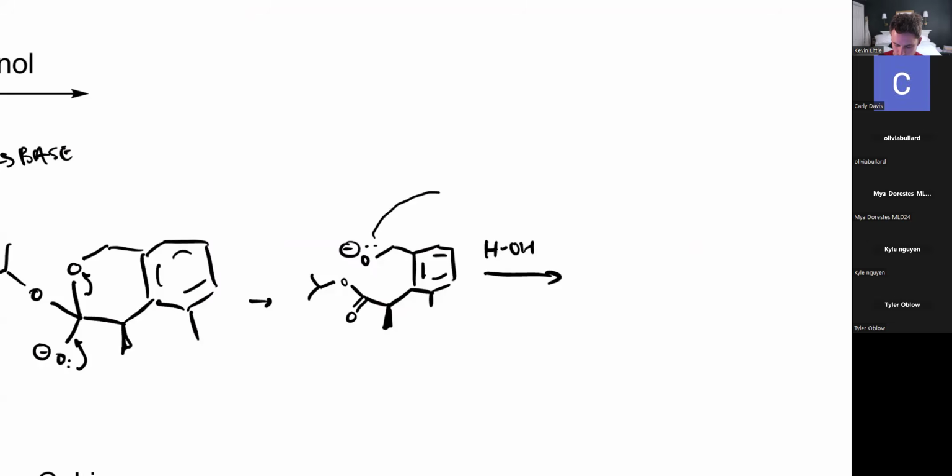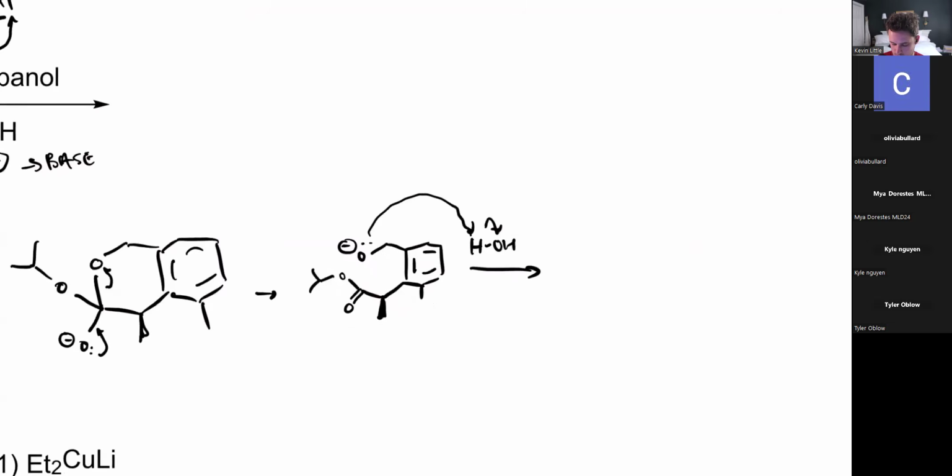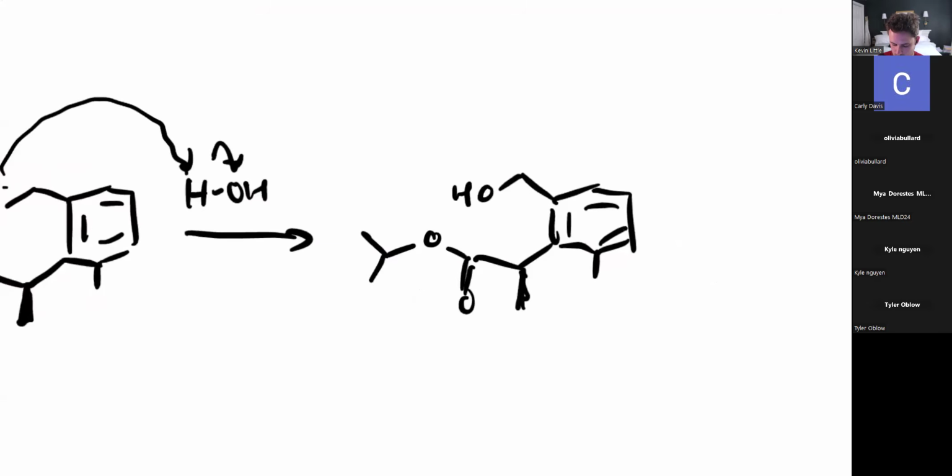It doesn't really matter here. We're just going to make sure that we don't end on a charge. It's implied that there's going to be some sort of quenching, that we're going to end neutral. And so that's our product.